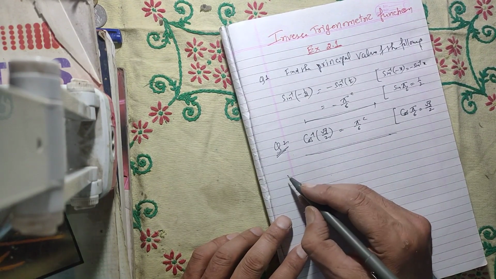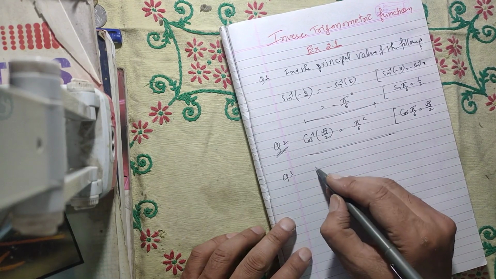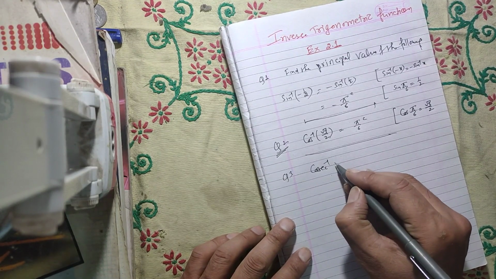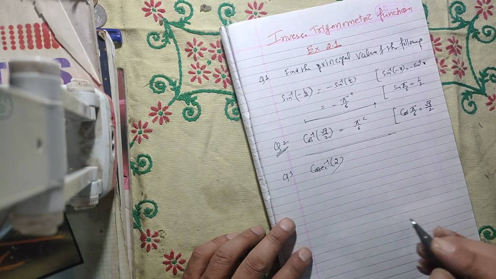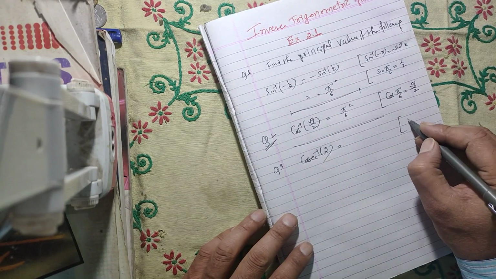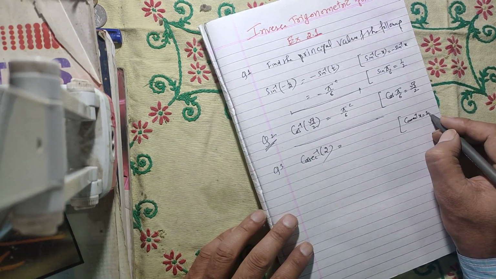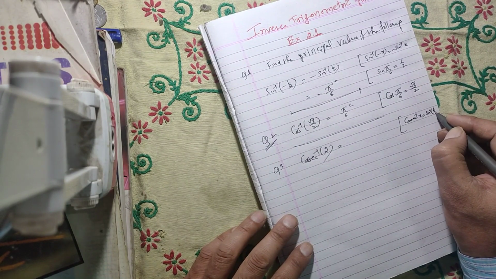Now in the third question we have cosecant inverse of 2. Now here you know that cosecant inverse of x is equal to sine inverse of 1 by x.